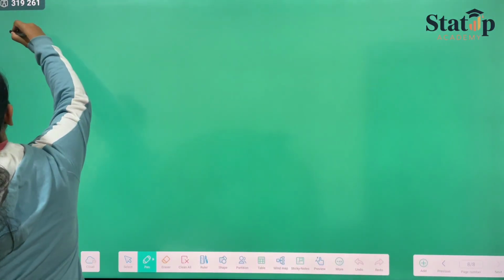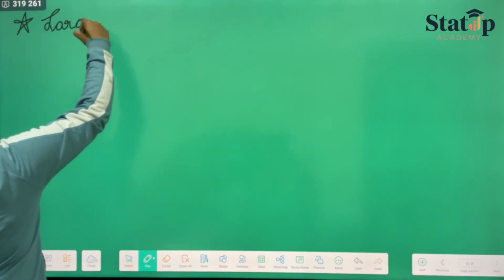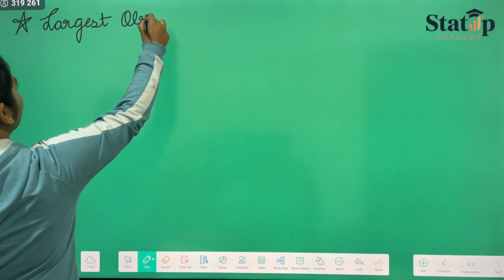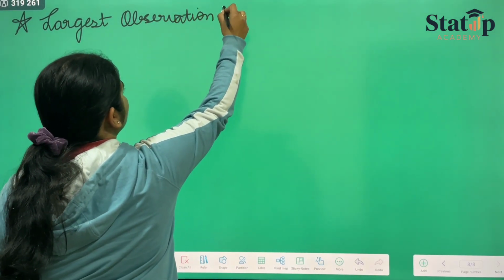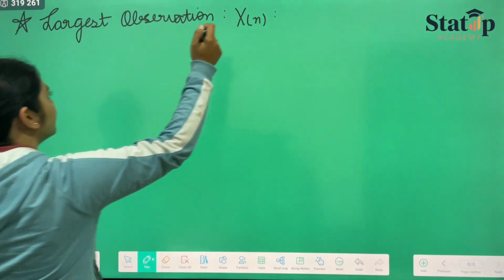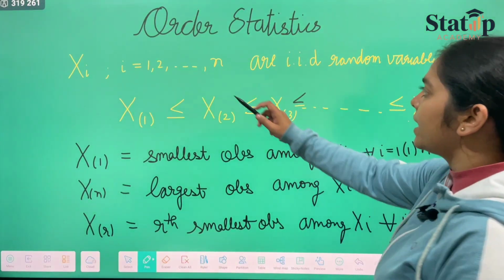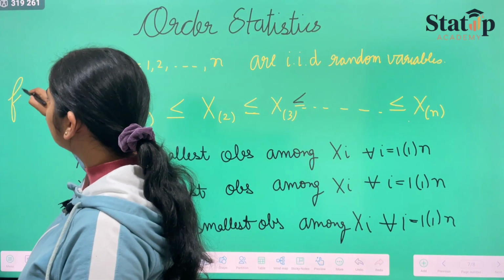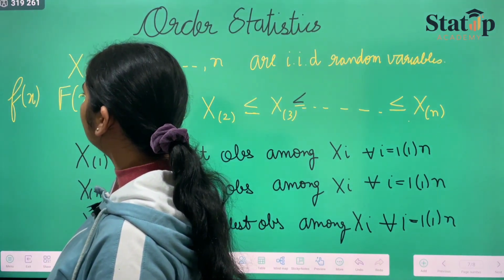So first of all, let us discuss the largest observation, which is nothing but Xn. We have to consider that all of these X1, X2, up to Xn have a common PDF, small fx, and a common distribution function, capital Fx.